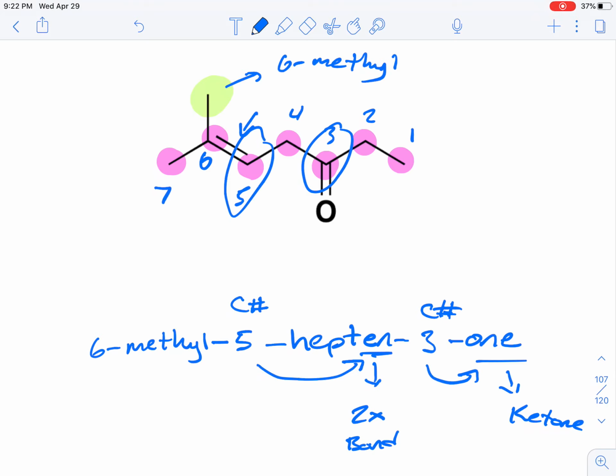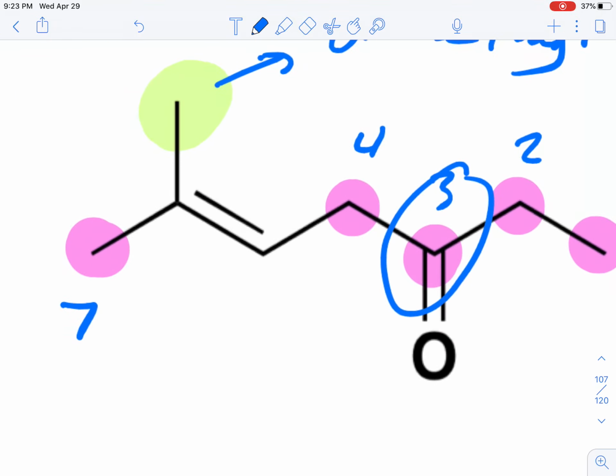Now, once again, very similar to the previous example, we're not quite done yet because we have a double bond. And so when we have a double bond, we want to see if there is cis-trans isomerism or geometric isomerism. And so on carbon 5, we have 1, 2, 3 bonds. And so for it to have 4 bonds, that fourth bond is going to be a hydrogen.